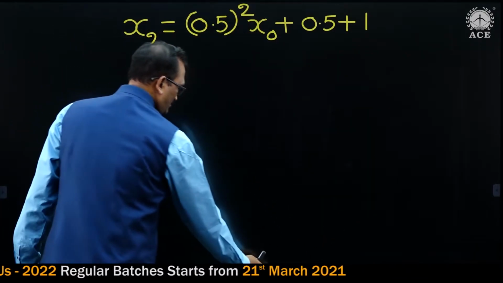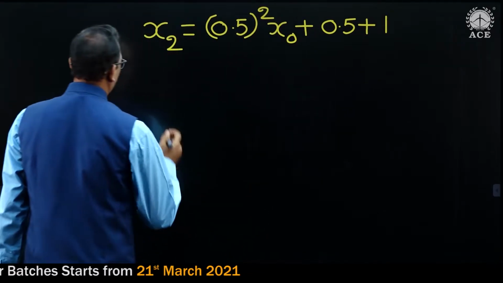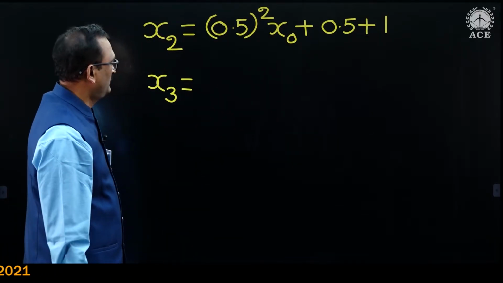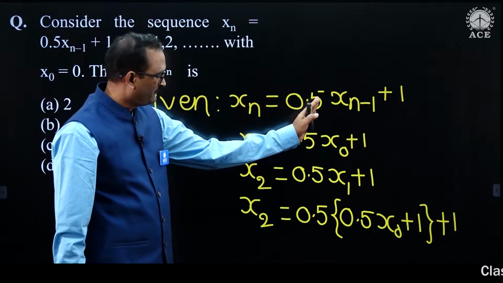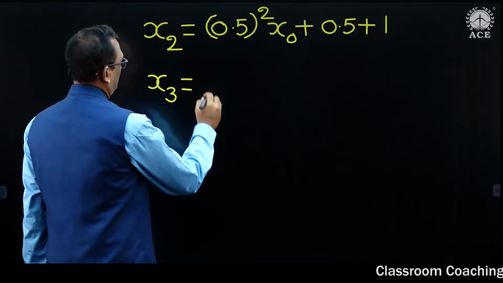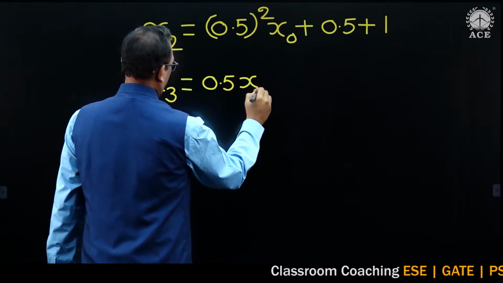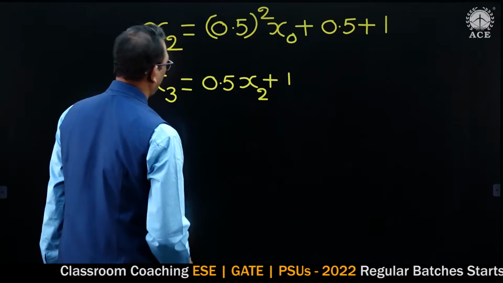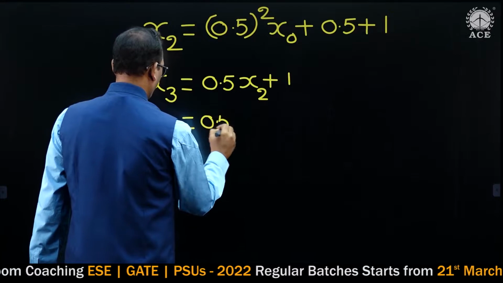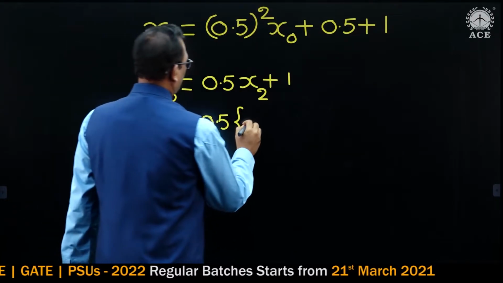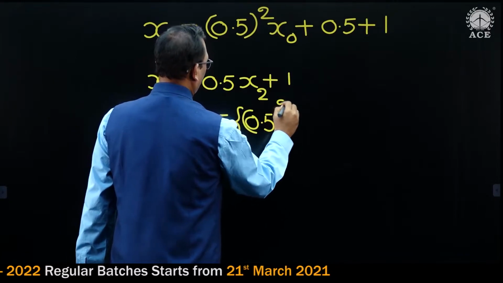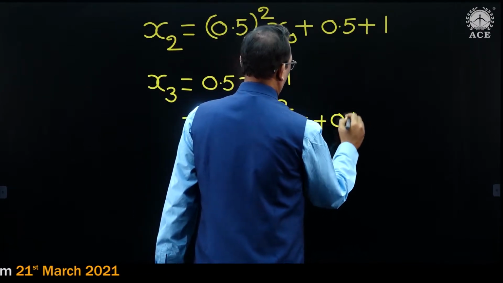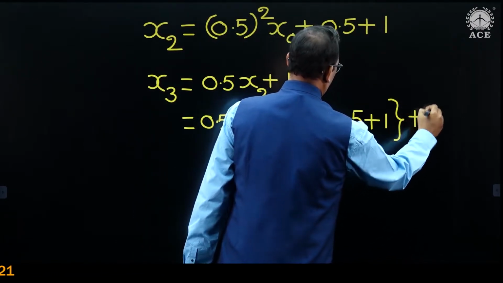Now let us find x3 also. x3 is equal to 0.5 into x2 plus 1. This is equal to 0.5 times x2, where x2 is 0.5 whole square x naught plus 0.5 plus 1, whole bracket, plus 1.